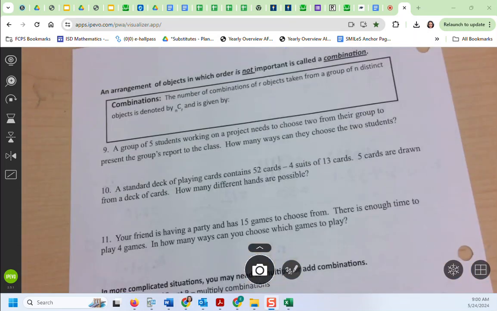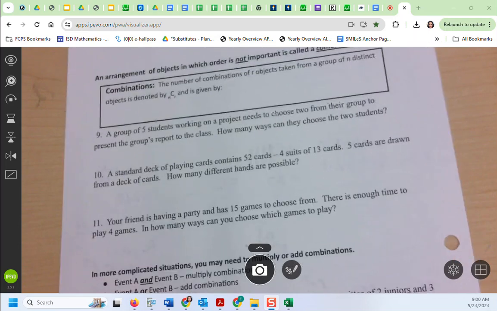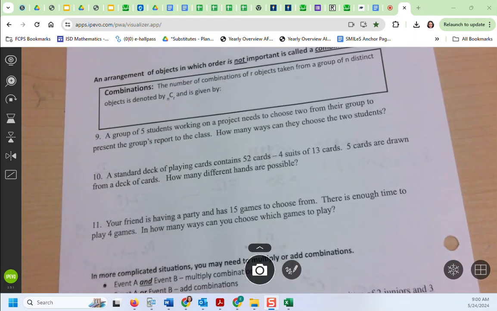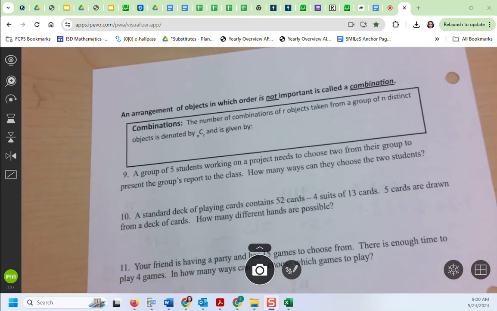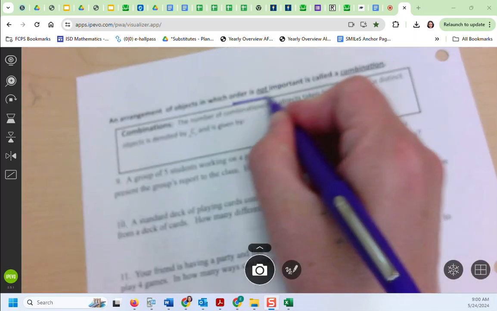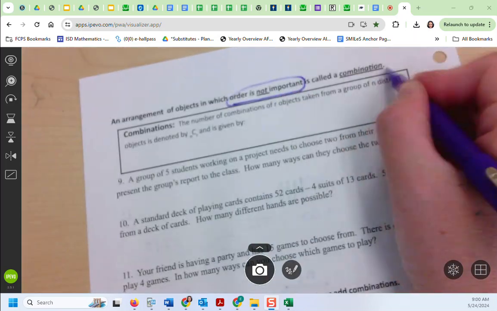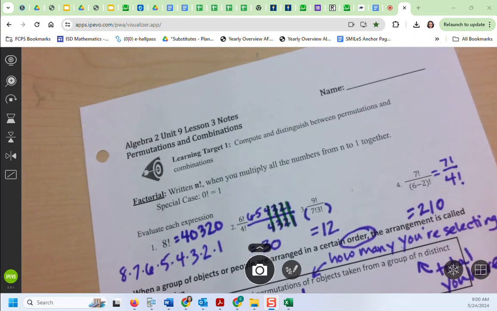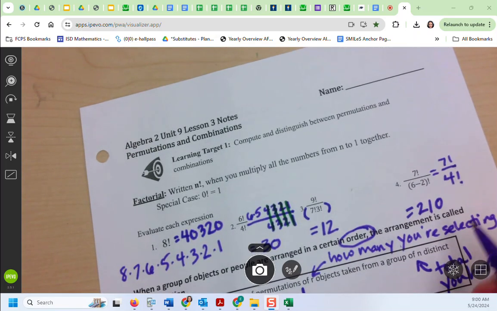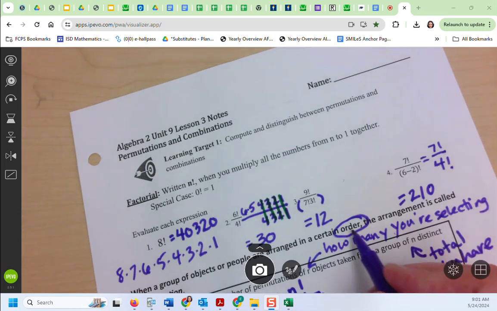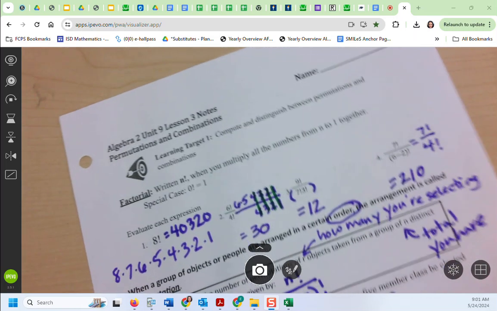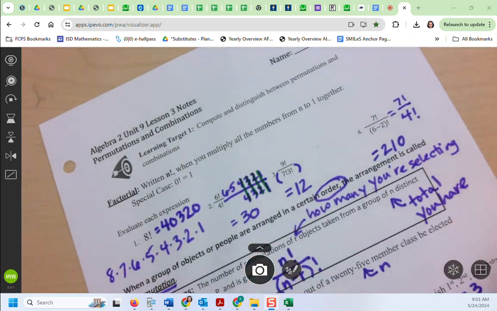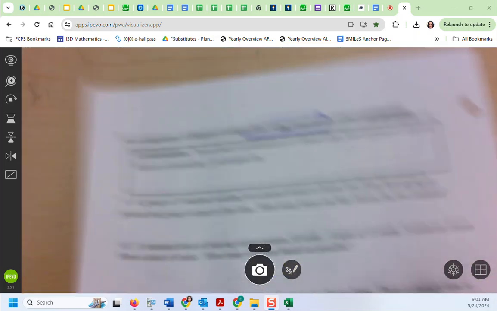All right. So when you choose things and the order is not important, it's a combination. Okay? So it's a permutation when the order is important. Right here, we circled order. It's a permutation. And it's a combination when the order is not important.